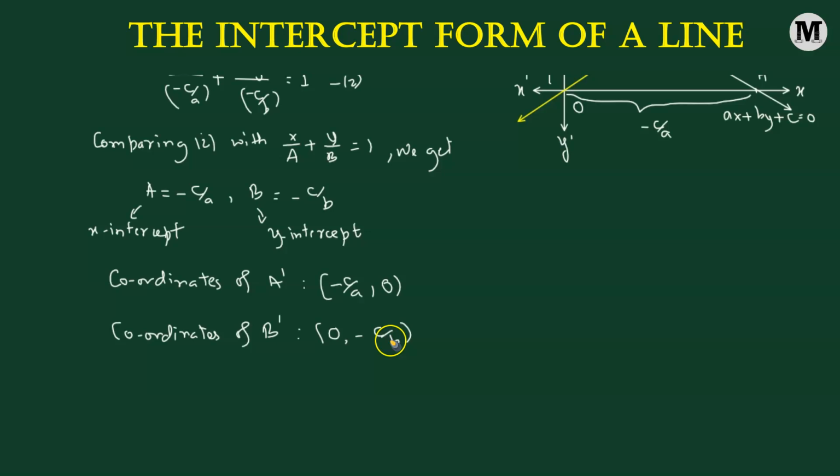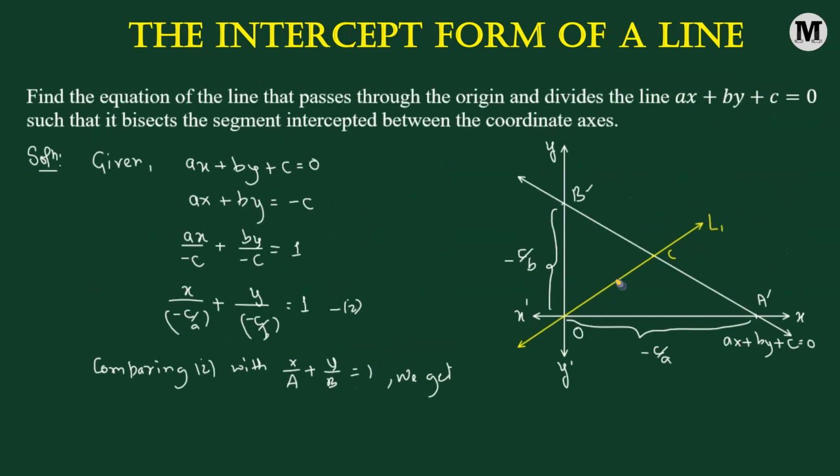Fine. Now we will find the coordinates of point C now that we have the coordinates of A prime and B prime.